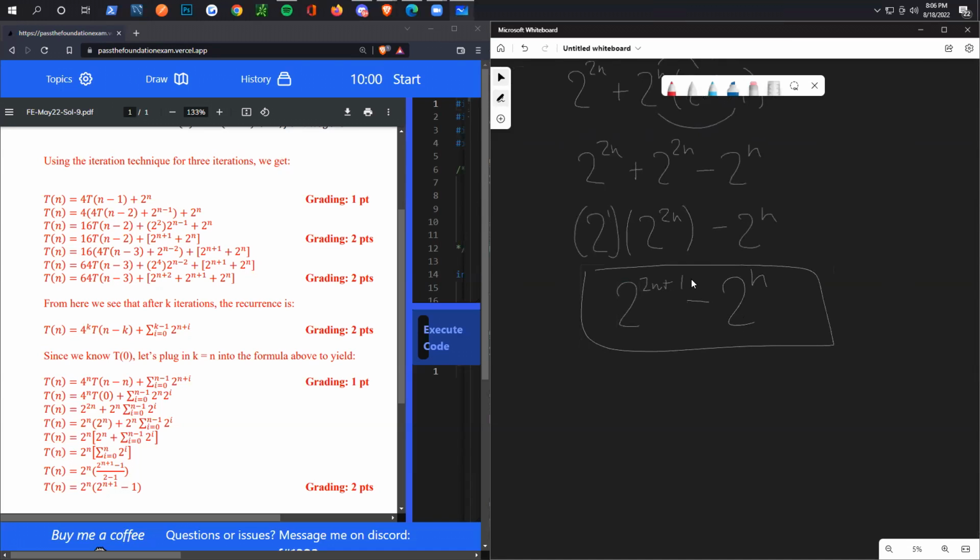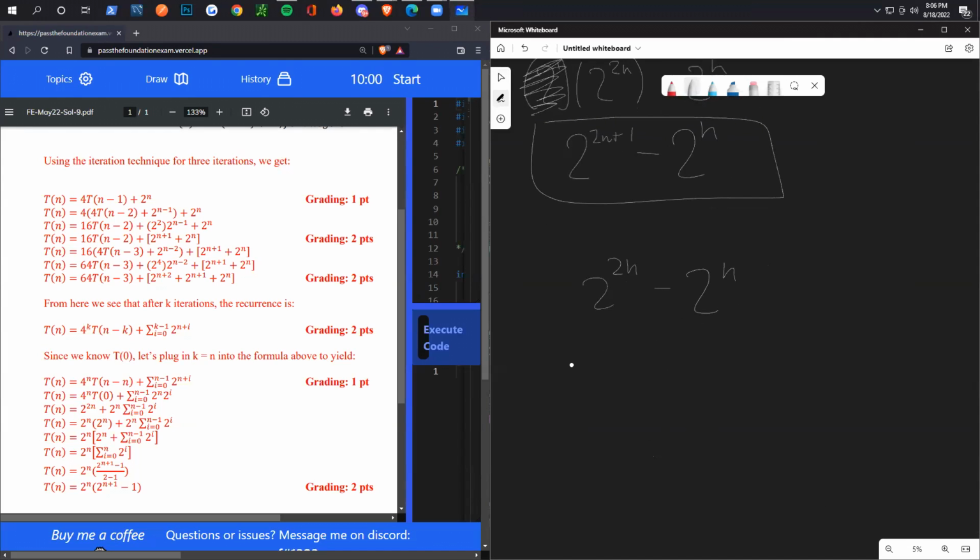You could put this in terms of 2 to the n, because you can remove this constant right here. Then that would leave you with 2 to the n minus 2 to the n. But again, this would just be 2 to the n times 2 to the n right here.